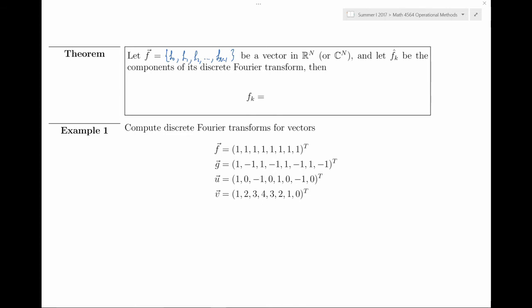Since the inner product of this is n, I have to divide by the norm squared to make it work. So it is 1 over n times the summation as j going from 0 to n minus 1 of f hat j times e to the positive 2 pi i j over n times k.